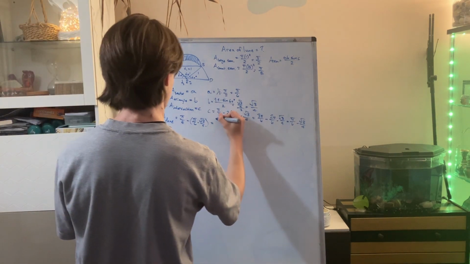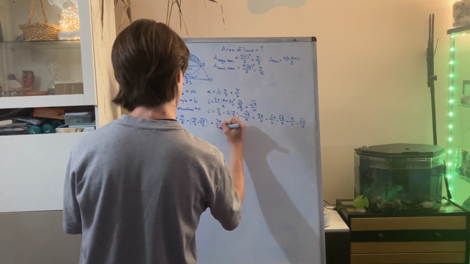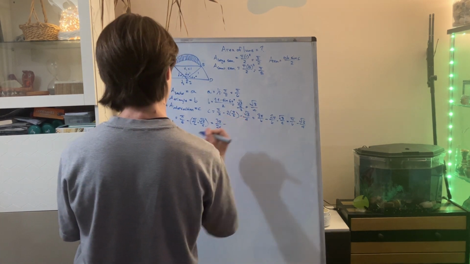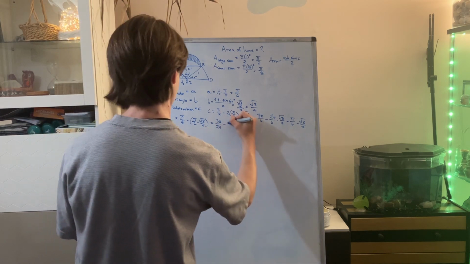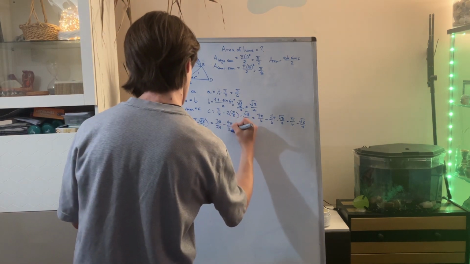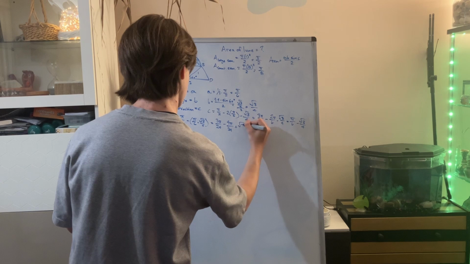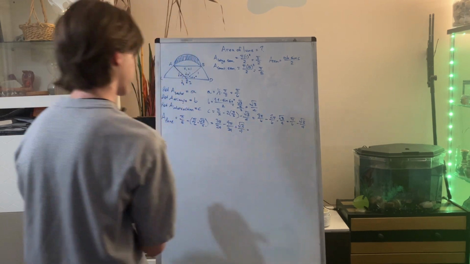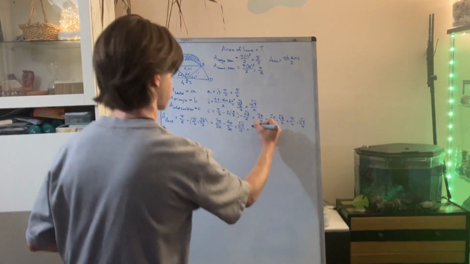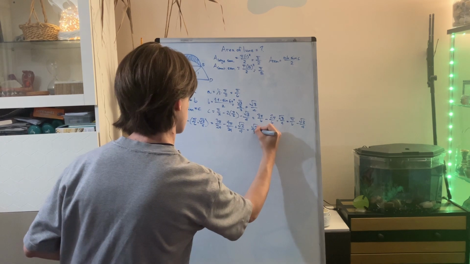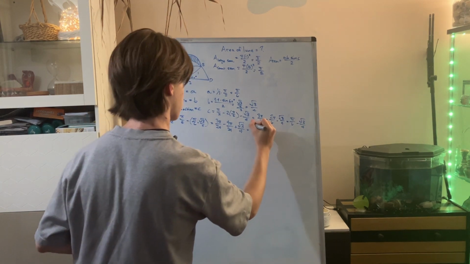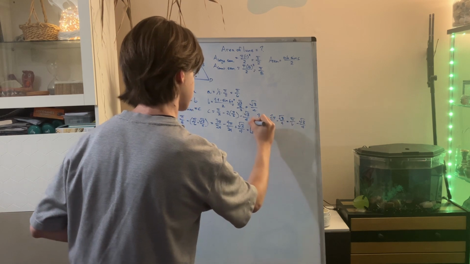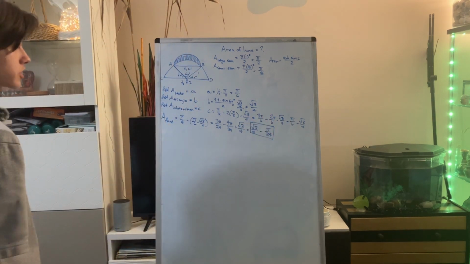That's going to be 3 pi over 24 minus 4 pi over 24, plus root 3 over 4. And that's going to be, finally, root 3 over 4 minus pi over 24. And that is the area of this lune right here.